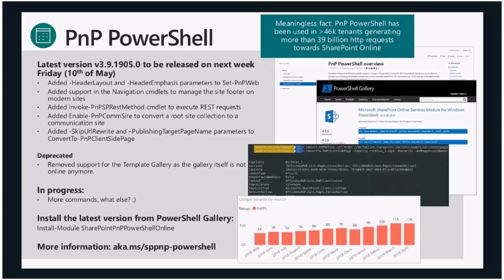So we have these commandlets now that allow you to update the site footer very easily. We have a helper commandlet, Invoke-PnPSPRestMethod, which basically takes care of all the authentication behind the scenes and the request digest and all that kind of thing. You basically say, invoke this API, _api/web endpoint for instance, and it will return the object that comes back from that. So it makes your life a bit easier.